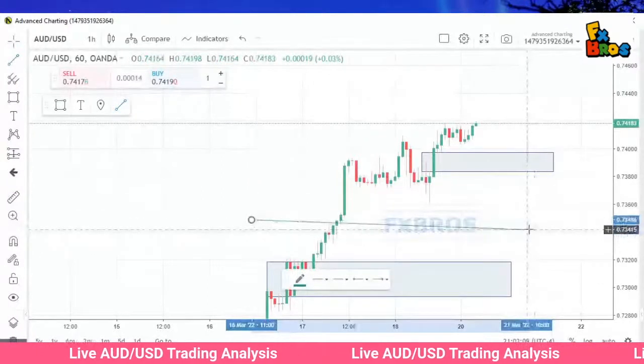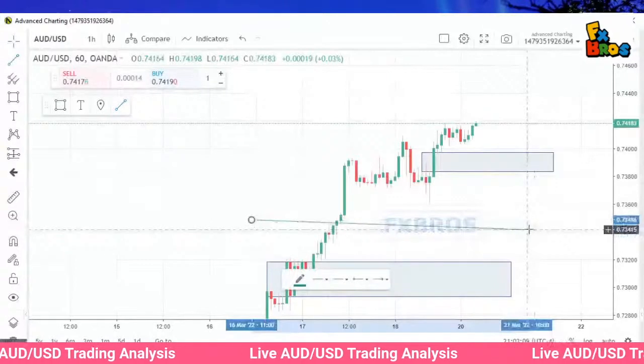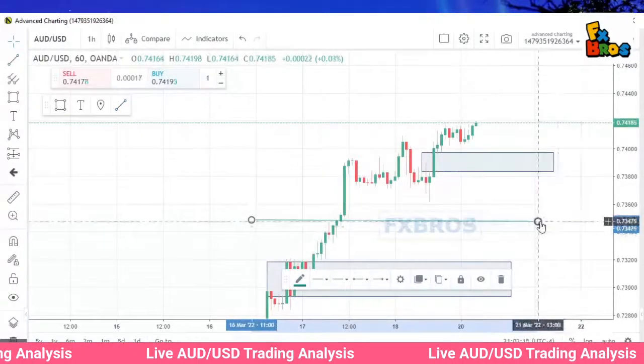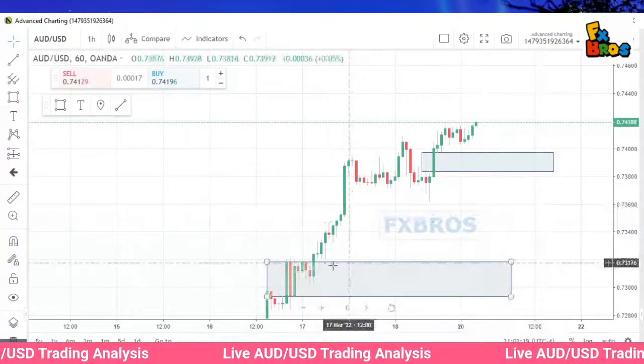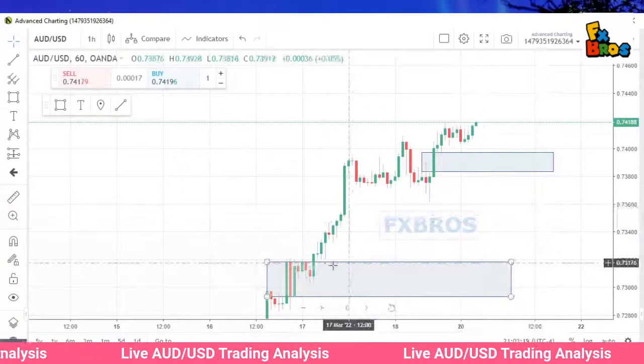We have to draw lines for support and resistance and whatnot. So I kind of like this better.